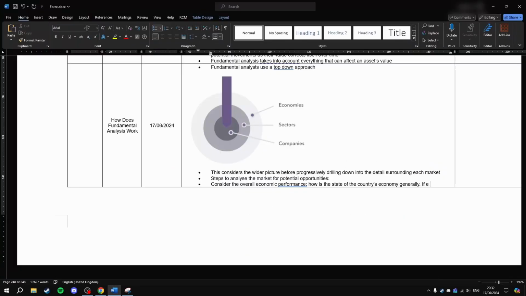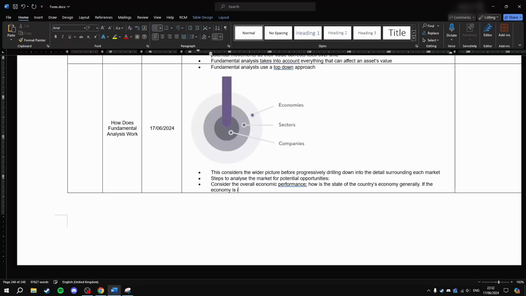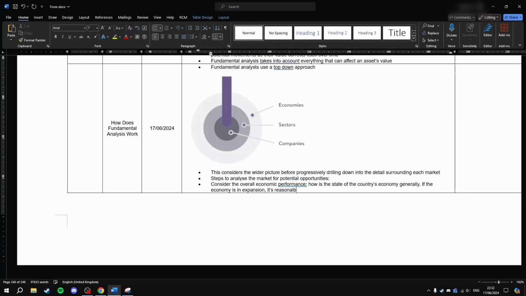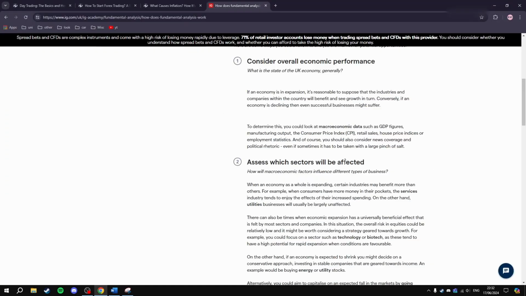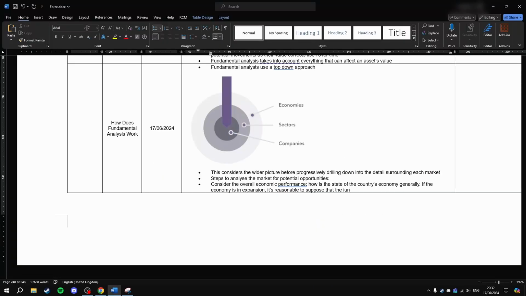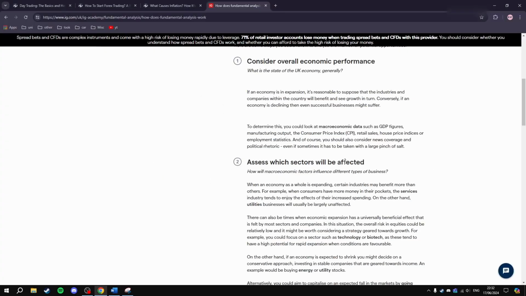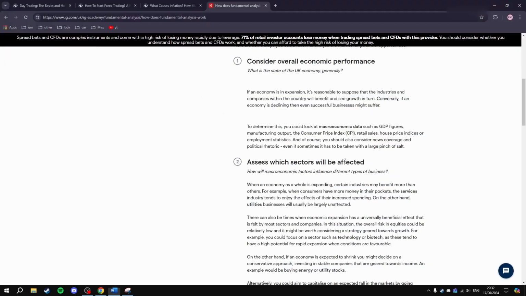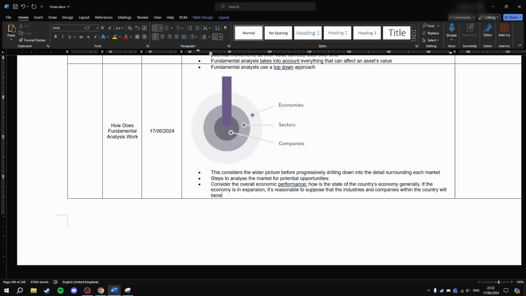So if the economy is in expansion, it's reasonable to suppose that the industries and companies within the country will benefit and see growth in return.